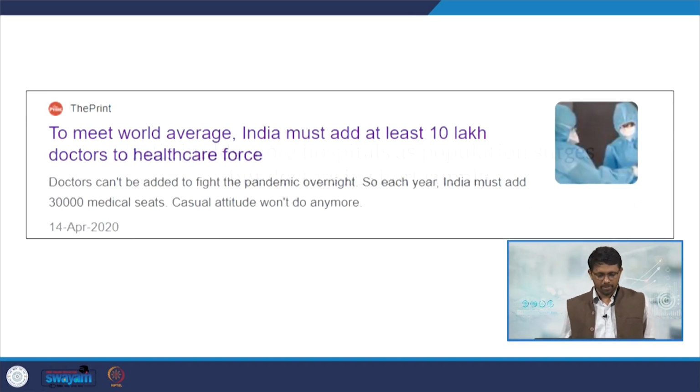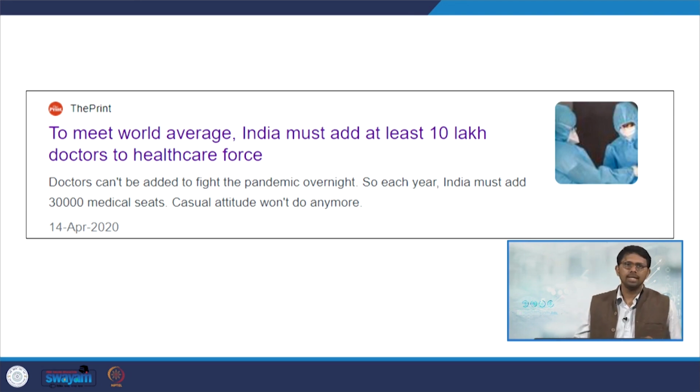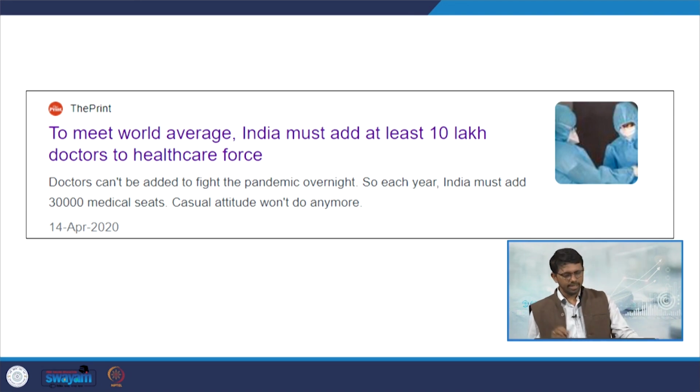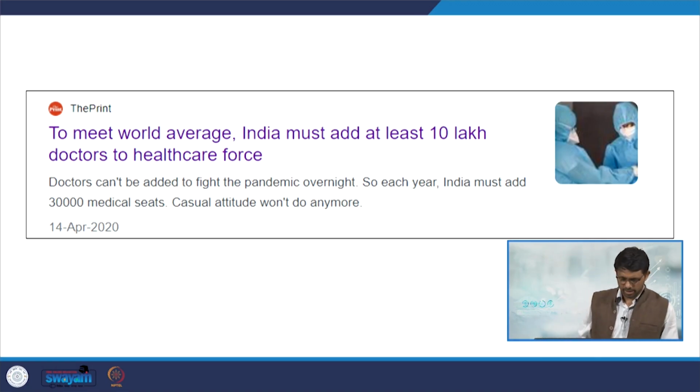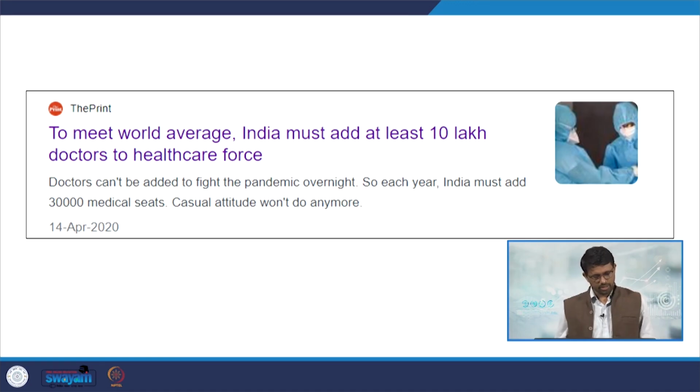So, let us clarify. We start with certain stylized facts, those are in news. We are referring to one news article from the print, that is, to meet world average, India must add at least 10 lakh doctors to healthcare force, and this is from the 2020 paper. Doctors cannot be added to fight the pandemic overnight.